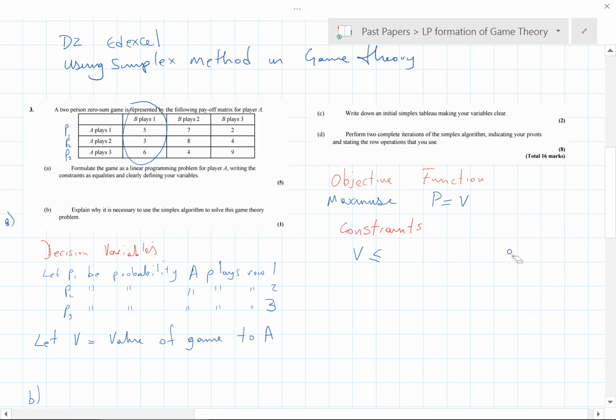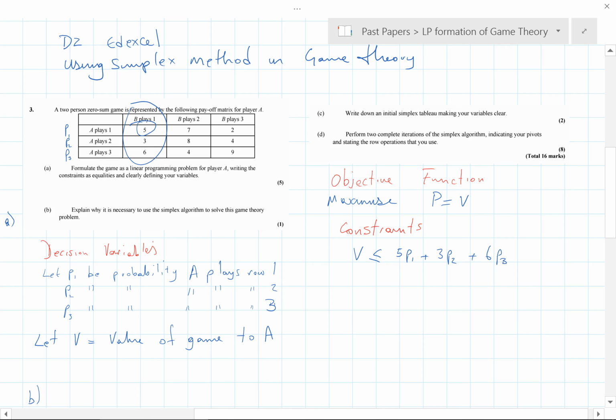If you're ever confused as to the direction of the inequality, because ultimately we're regarding it as equal, that helps us remember that it's got to be below the constraints. V is less than or equal to 5p1 plus 3p2 plus 6p3.